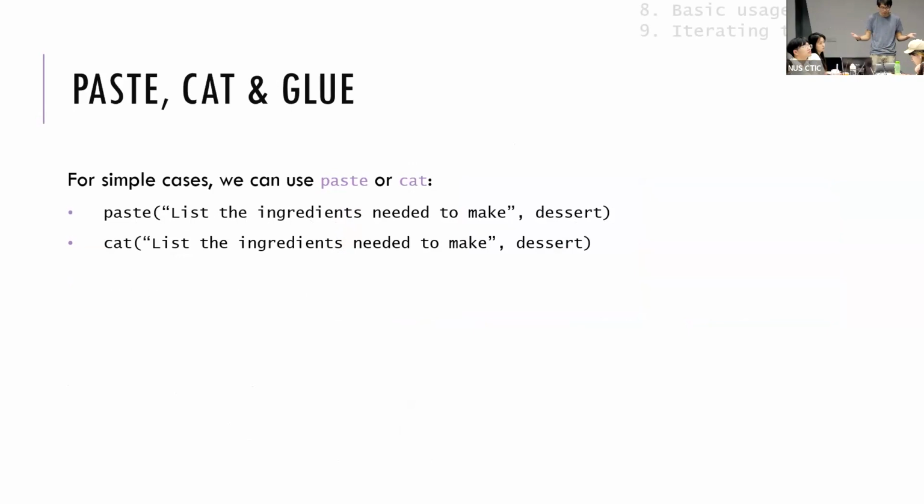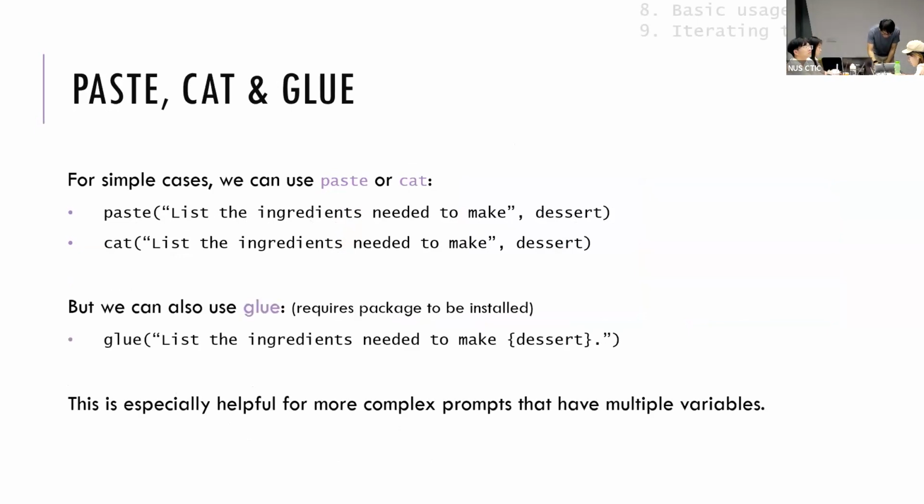This will give you the sentence, list the ingredients needed to make chiffon cake, or pineapple tart, and so forth. We can do that. But for today, we're going to use a package called glue, which requires the package to be installed. The reason why I like it is that for simple cases, we don't really need it, but as we'll see when we get to more complex examples, this will be very, very helpful.